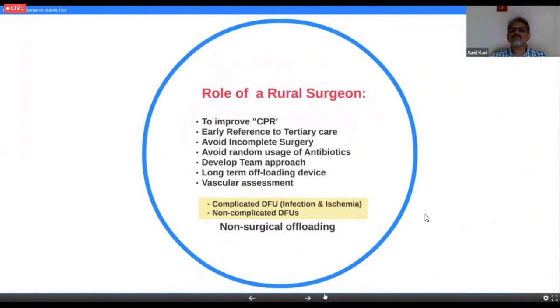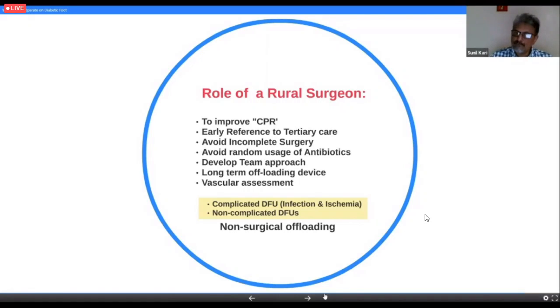So let us look at the role of a rural surgeon. Every rural surgeon has to improve his care, protection, and referral to the higher center according to the patient he has received in day-to-day practice. Early referral to tertiary care is very, very important to reduce complications, avoid incomplete surgeries, and avoid incomplete and random usage of antibiotics.